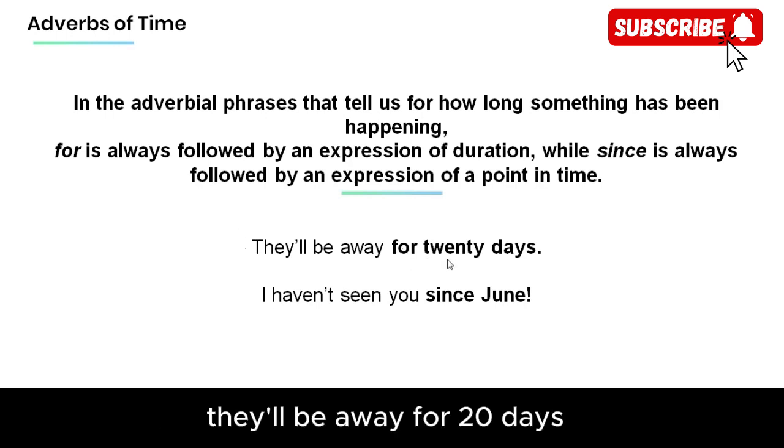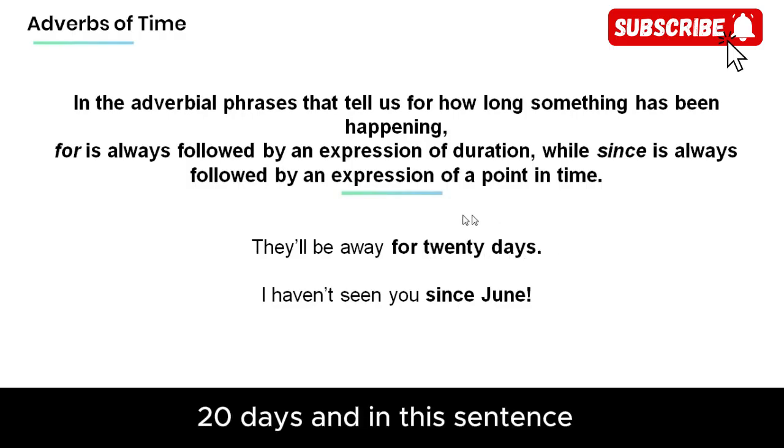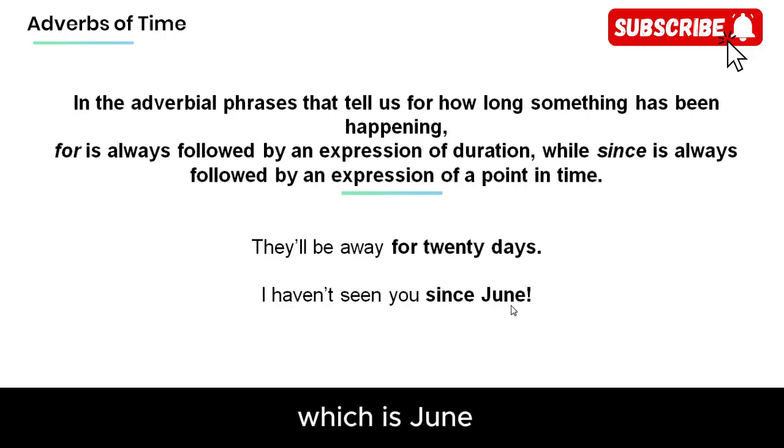They'll be away for 20 days. Note that for is followed by an expression of duration, 20 days. And in this sentence, I haven't seen you since June. Since is followed by an expression of a point in time, which is June.